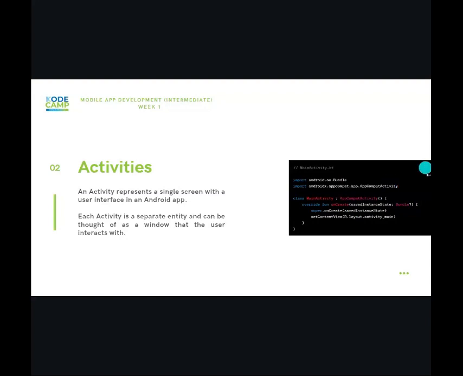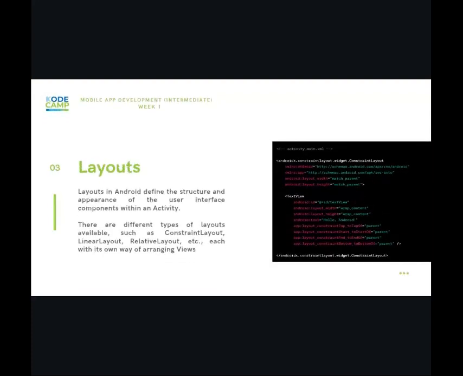The layouts define the appearance of the user interface components within the activities. Think of a layout as a container that can take various objects. We have different types of layouts, such as constraint layout, linear layout, and relative layout, and each of them has a way of arranging its views.